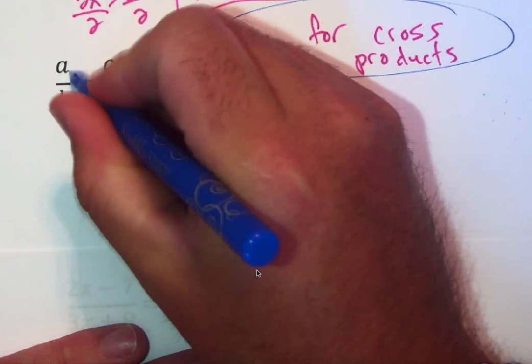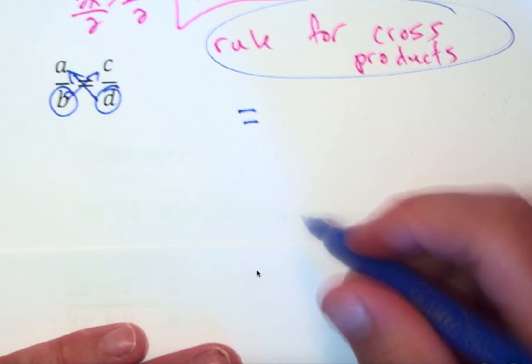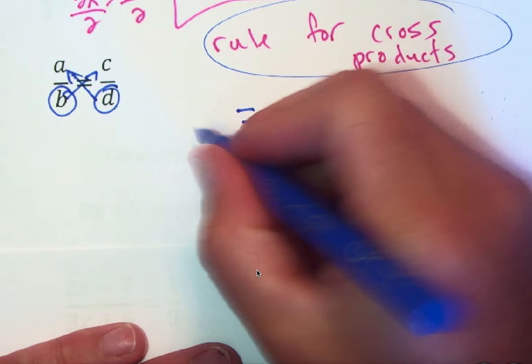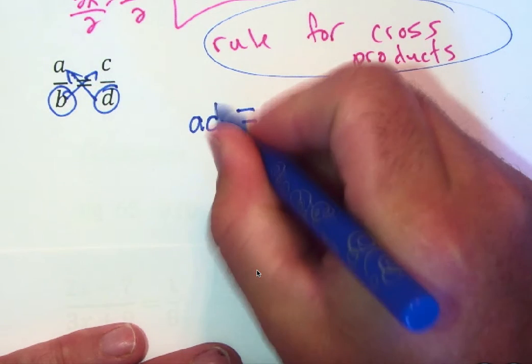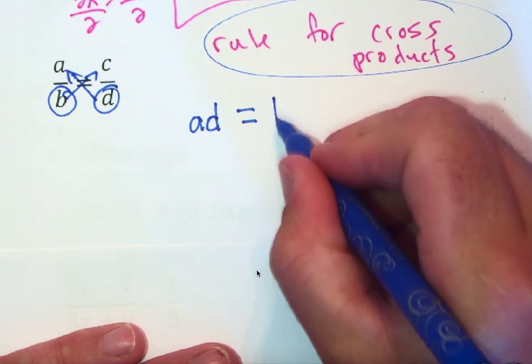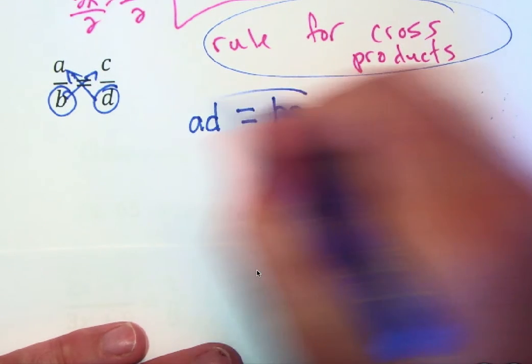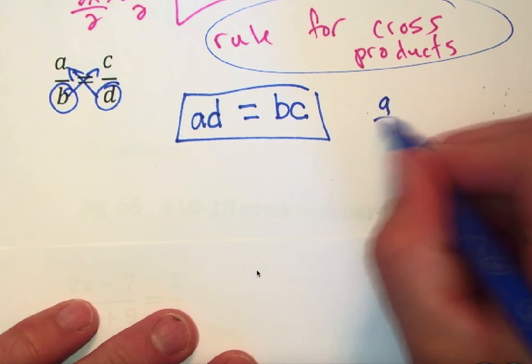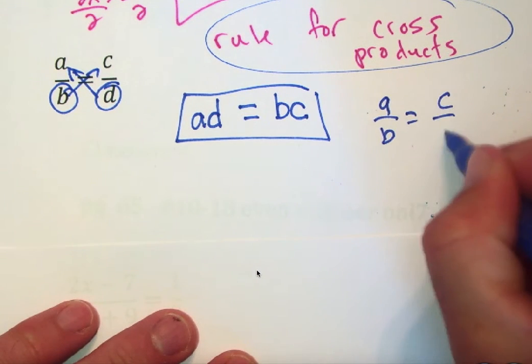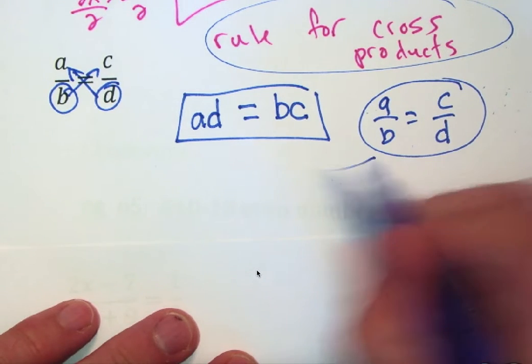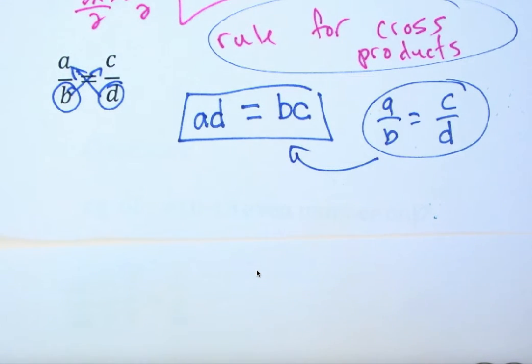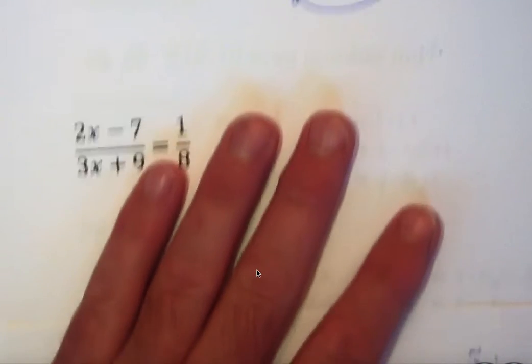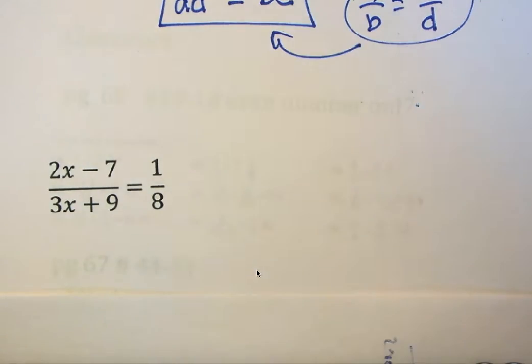Using cross products, you're also allowed to say, and I usually take this from a student, that A times D is the same as B times C. So if we have A over B equals C over D, you can also rewrite it as A times D equals B times C.